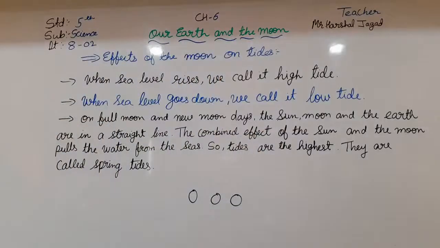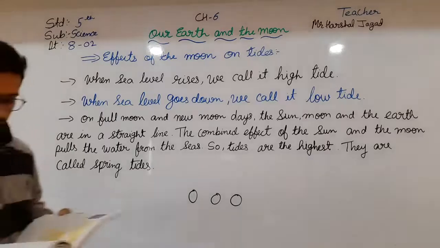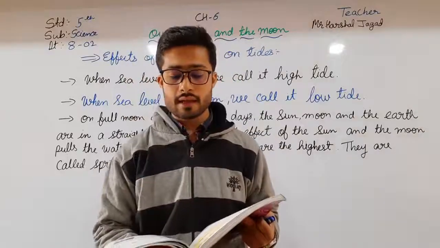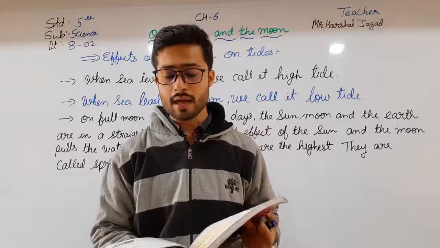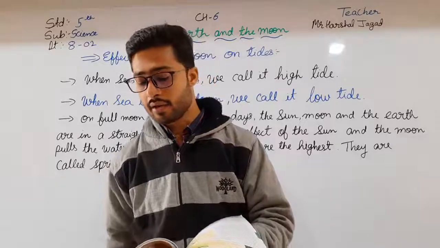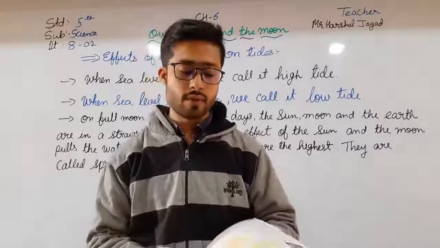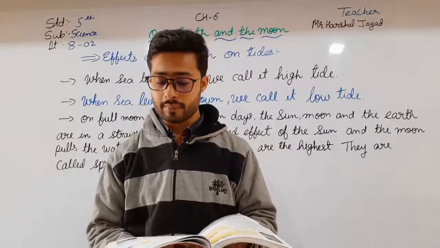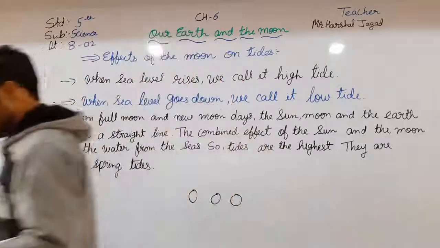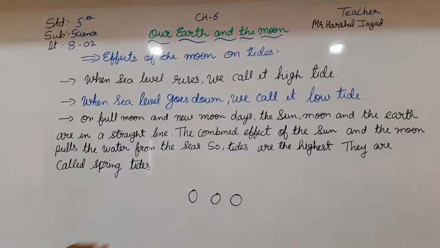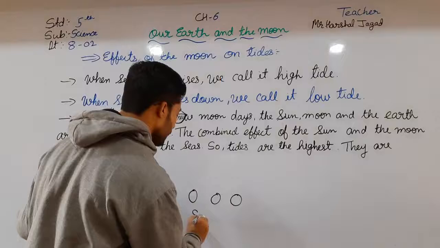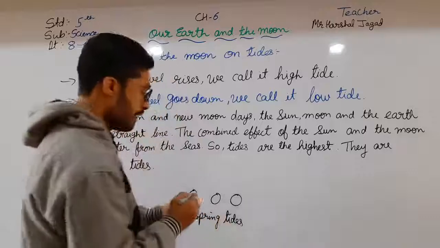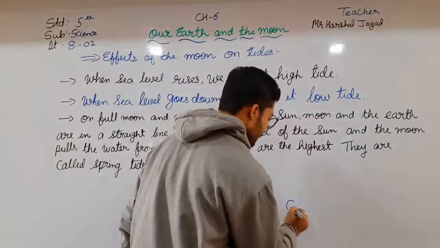Then after, here it is. On the first and the third quarter, the moon, the sun and the earth are at right angles to each other. The sun pulls in one direction, the moon in another direction. So the tides are the lowest, and they are called the neap tides. Here, this is the spring tide when they are in a straight line, and when they form a right angle like this, a picture is given.